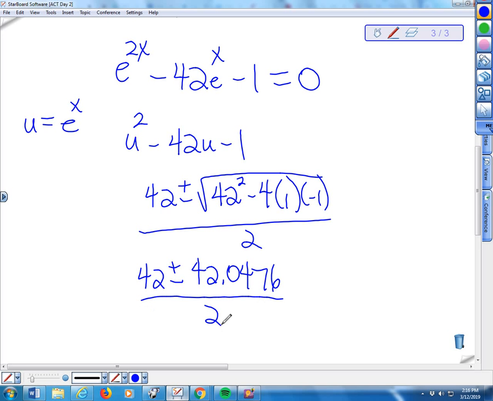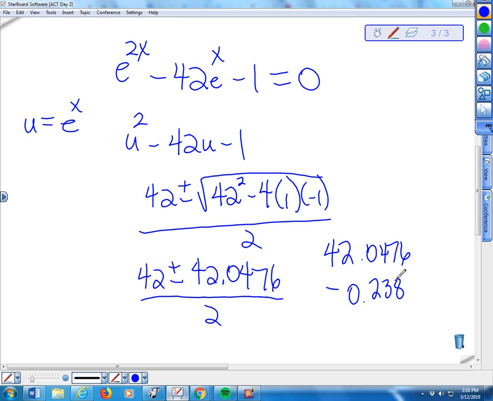So when I add this and divide by 2, it's 42. Should have known that. And if I subtract it, it's 0.0476 divided by 2, negative. So those are my two choices for u. It's 42 minus 42.0476 divided by 2 is negative 0.238.